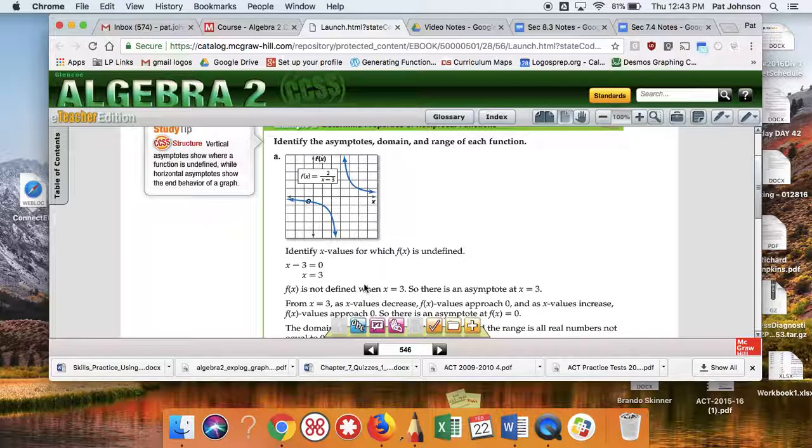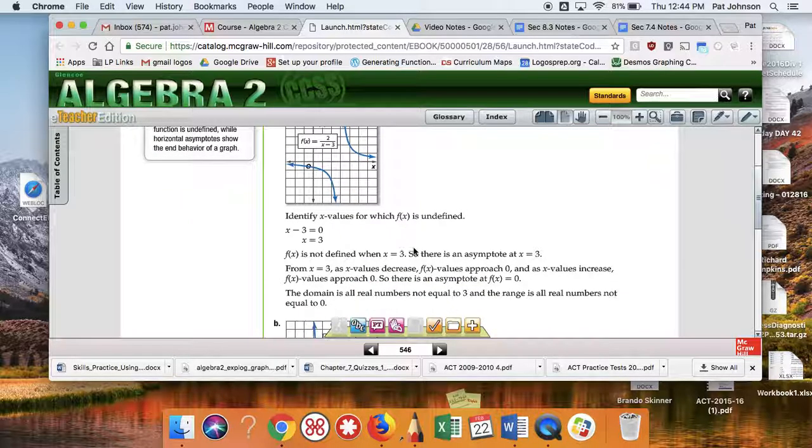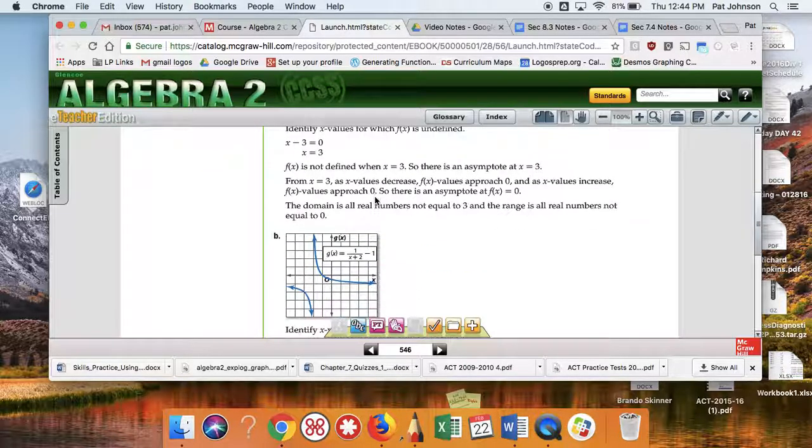Now you see as x decreases, going this way, f of x approaches 0, but it never seems to touch it. And when you go this way, as x increases, f of x also approaches 0, which tells us that the domain is all real numbers except for when x equals 3, and the range is all real numbers not equal to 0. Let's look at the next one.